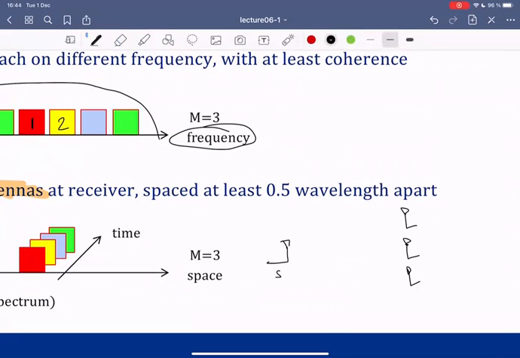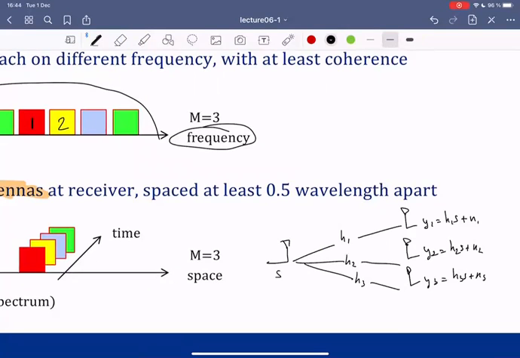For each of the antennas, we have a channel, H1, H2, H3, and then we receive on the first antenna Y1 = H1S + N1, Y2 = H2S + N2, and Y3 = H3S + N3. Now, for these channels to be independent, we need the spacing between the antennas to be more than lambda over 2.